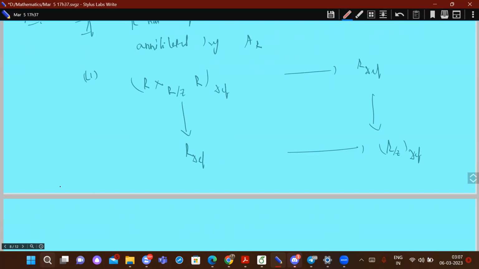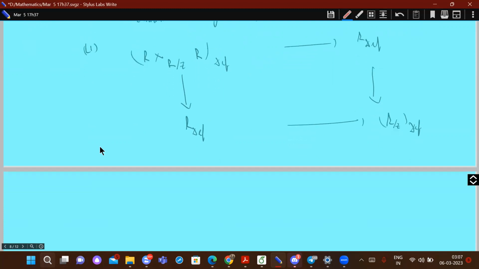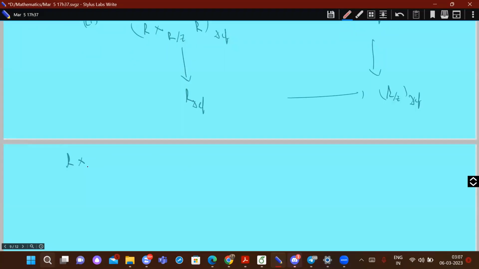We can endow this with a group structure.